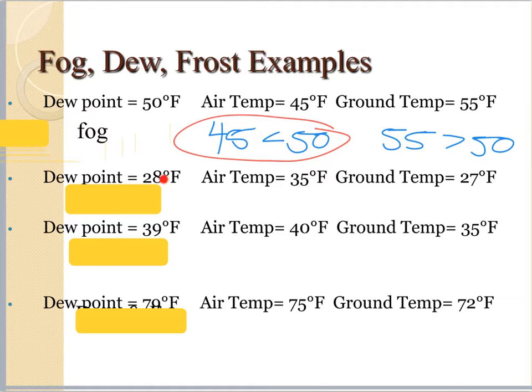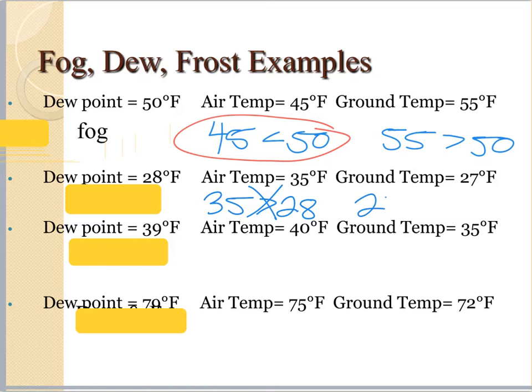Next one, our dew point is 28, air temperature is 35, and our ground temperature is 27. Our air temperature, 35 degrees, is greater than 28. Since that's greater than, we do not get fog.